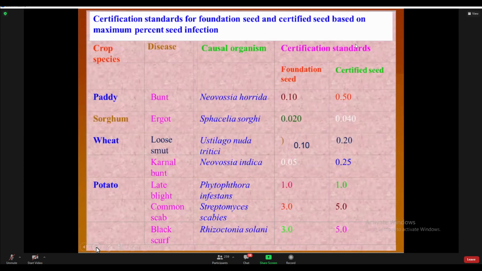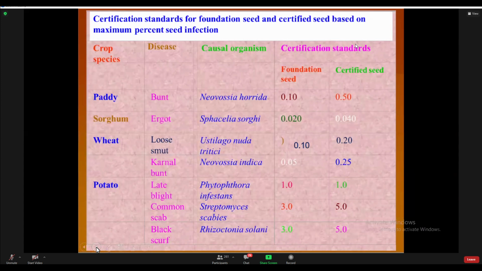There are four types of seed: number one, breeder seed; number two, foundation seed; number three, registered seed; number four, certified seed. So, what is breeder seed? The seeds which are produced during the hybridization process by the breeders themselves. We call it breeder seed.